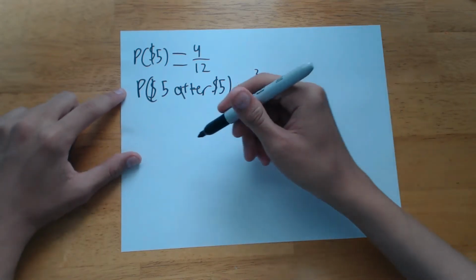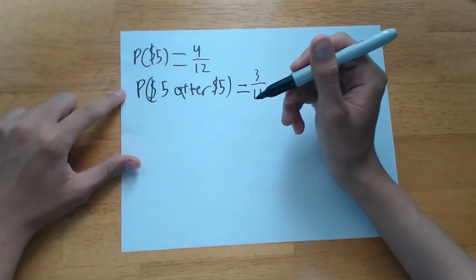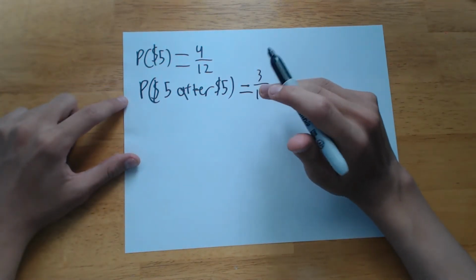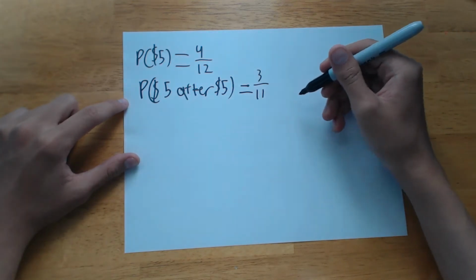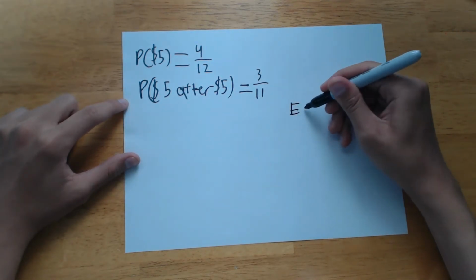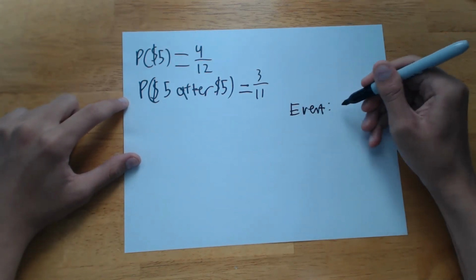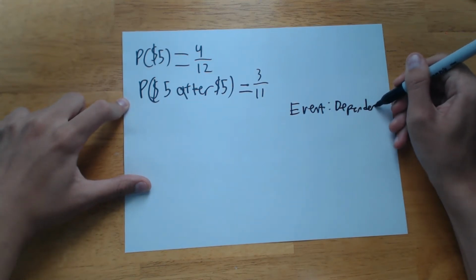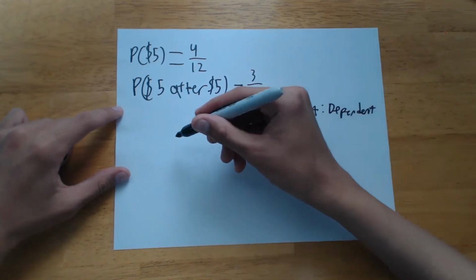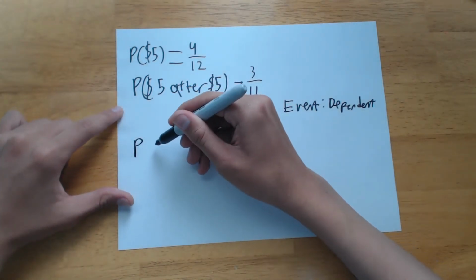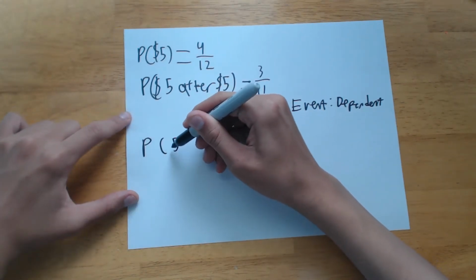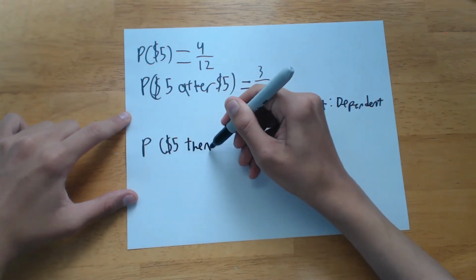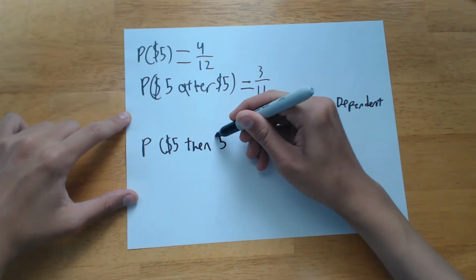So now what we're trying to figure out is what's the probability that you pull out one $5 bill, then without replacing it, which is important, and makes this event dependent. We would write it like this: P of $5, then $5.